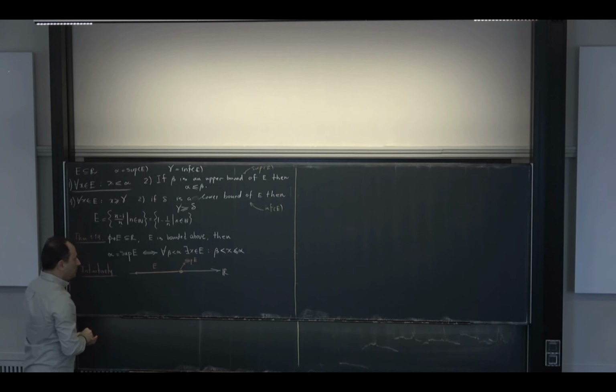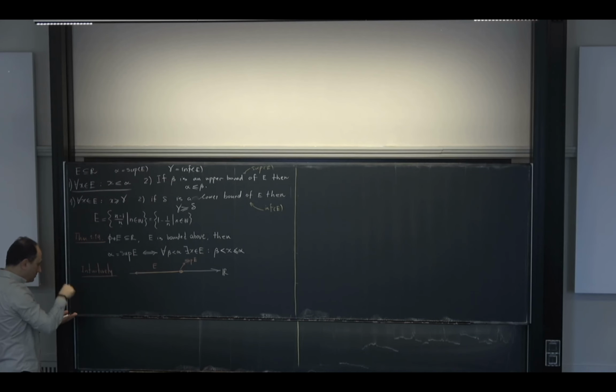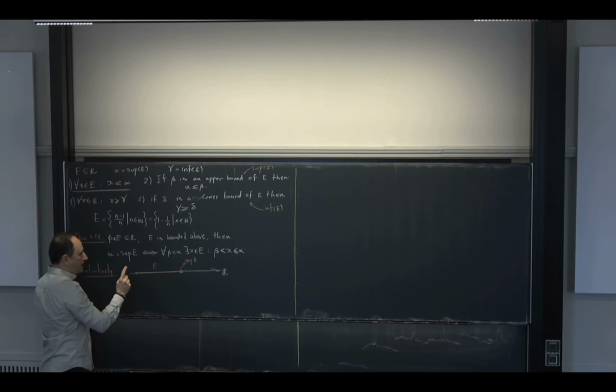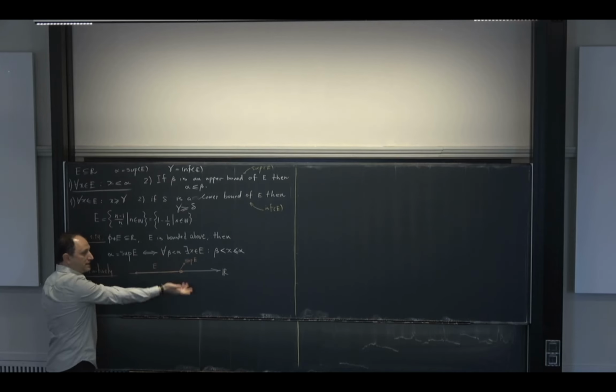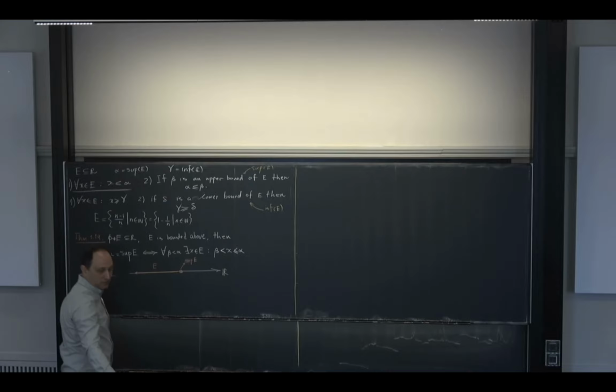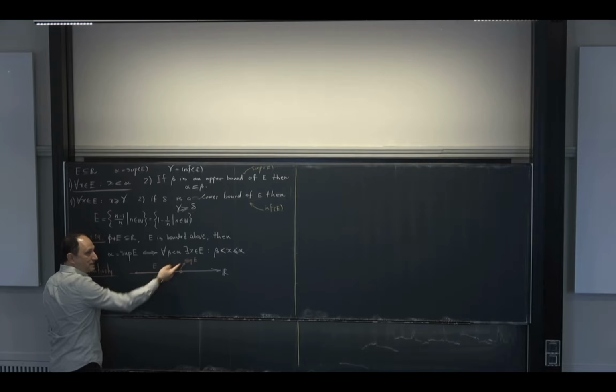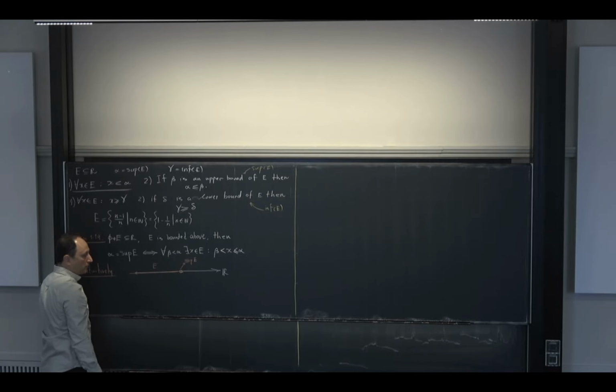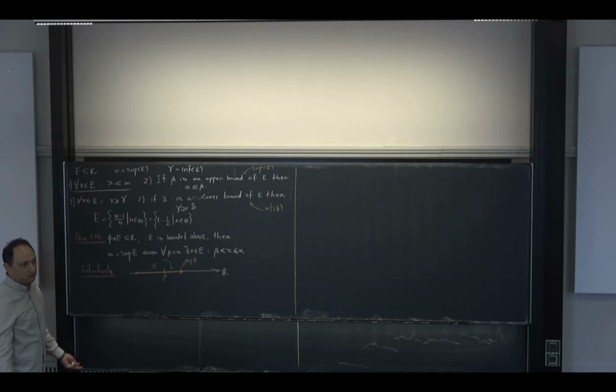Okay. But what does this tell me? It tells me that if I choose a number which is less than the supremum, you see how trivial that is? If I choose a number which is less than my supremum, for example, here, then I can find an element in the set bigger than that. So that is what I have written here. Okay?